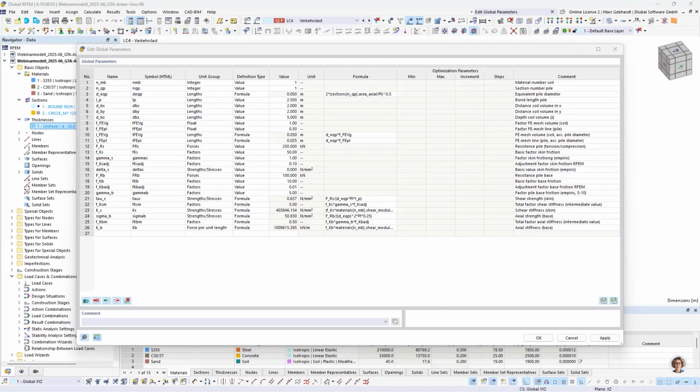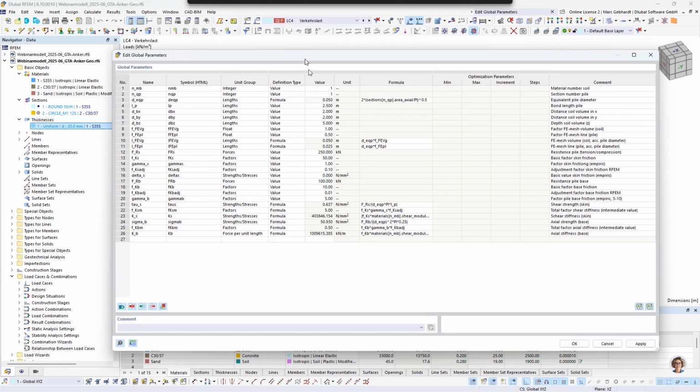What we now have to do is to change some parameters. It's the material number of the soil, and this model is 3, and the cross-section number of the pile is 2. We will leave the bond length of the pile at 2 meter 50, but want to change the mesh fineness from the double to speed up the calculation, but you can also try the original values.